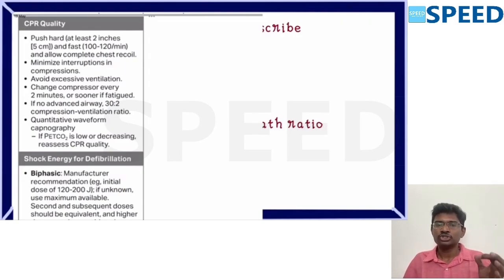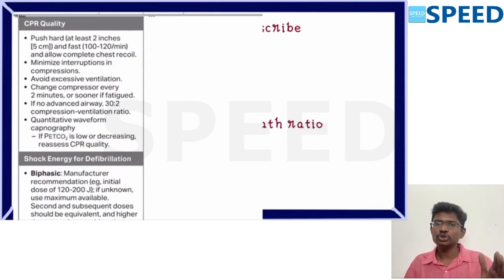So, if there is advanced airway or not: if you have not intubated the patient, for every 30 compressions, 2 rescue breaths should be given. If you have intubated, then it is 10 to 12 respiratory rate per minute. How to check the effectiveness of CPR? You should check the end-tidal carbon dioxide. And what is the shock energy for defibrillation?